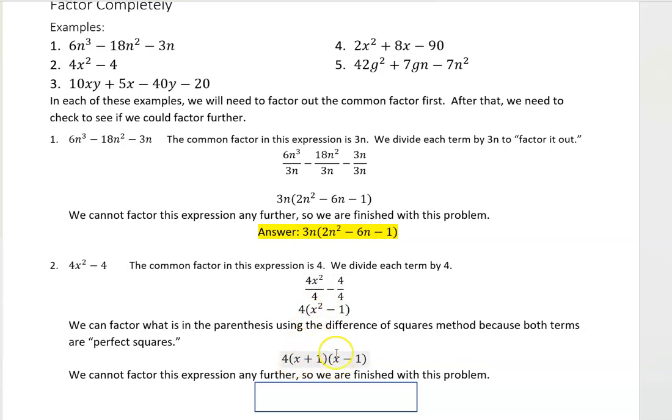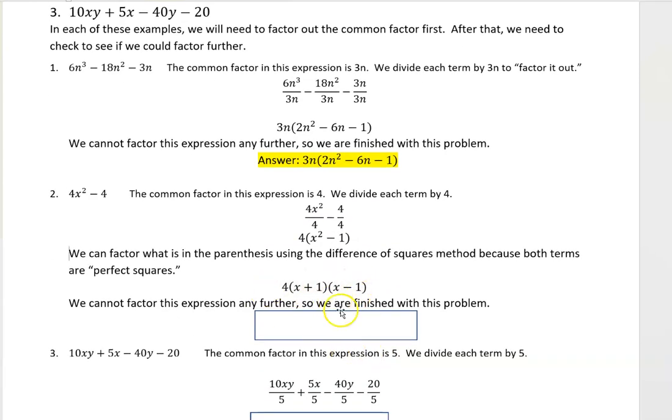That's x times x. And the second term goes into the second 2 spots. That's 1 times 1. If you were to multiply this out, you would see that your inside terms are positive 1x and your outside terms are negative 1x, which means we don't have a middle term. We just have those 2 terms, the square of the first term and the square of the last term. It has to be a minus in there for that to work. That's why it's called a difference of squares.